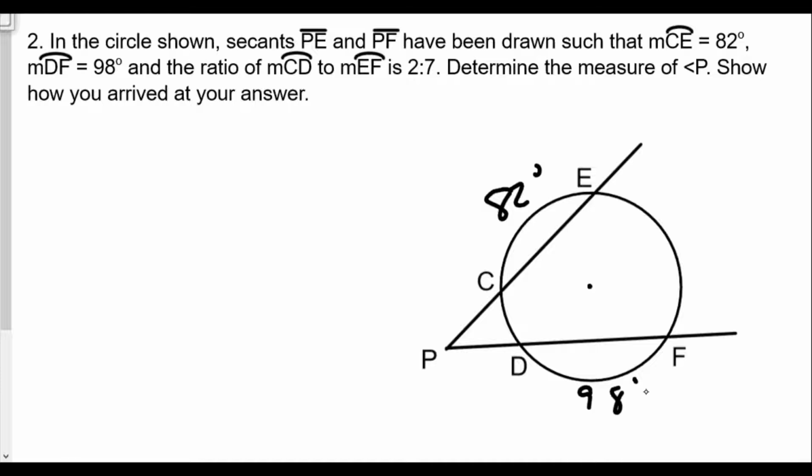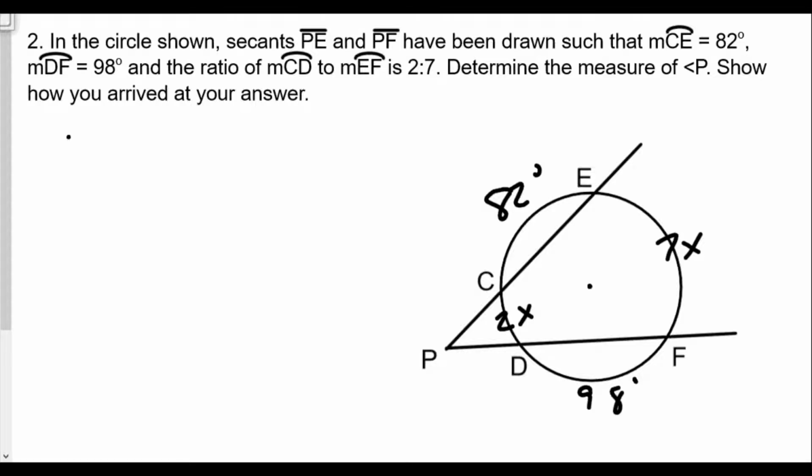And then the ratio of arc CD to EF is 2 to 7. So we'll call this measure 2x and this measure 7x. That covers all four of the arcs that make up the whole circle.